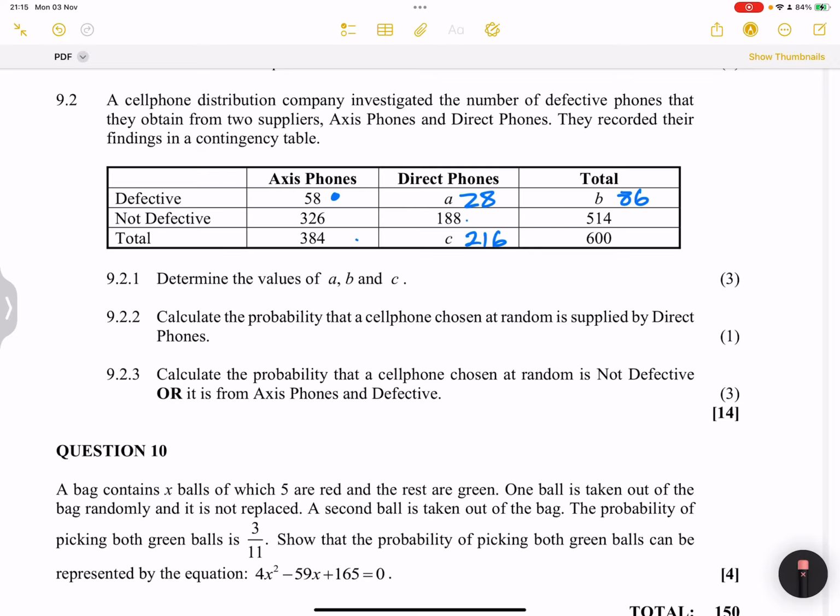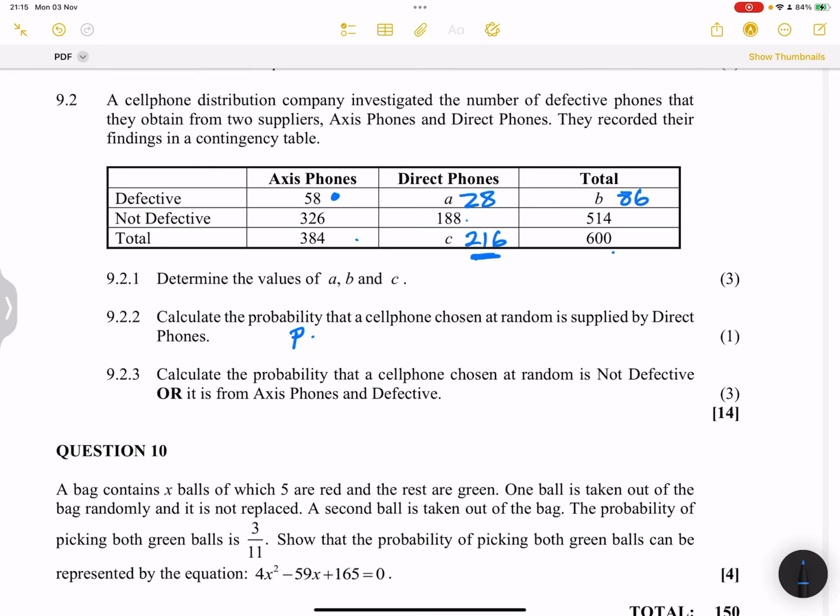Now they say to us, calculate the probability that a cell phone chosen at random is supplied by direct phones. How many phones is direct supplying? It's a total of 216 out of the 600.